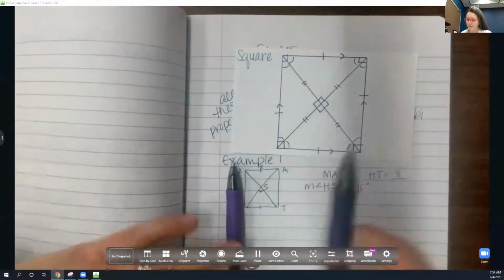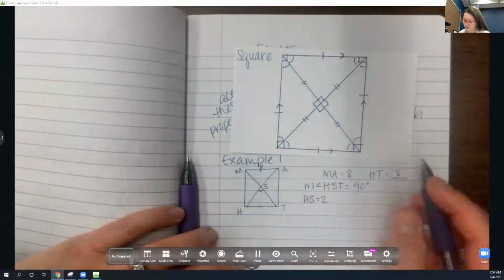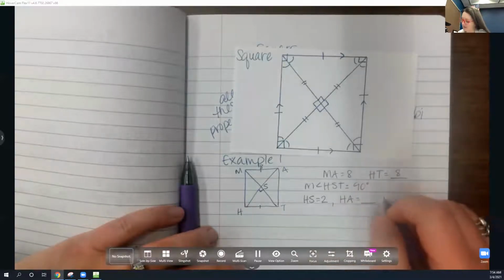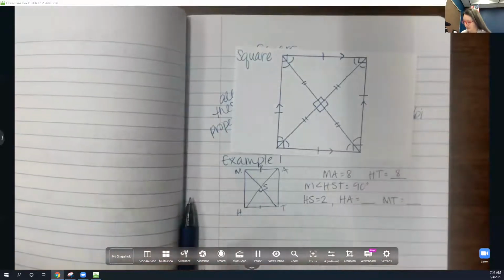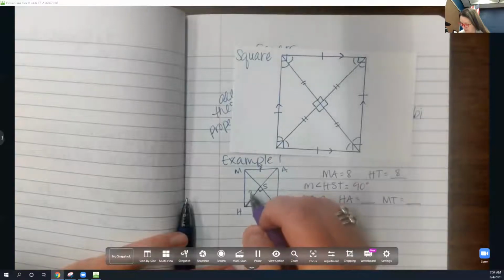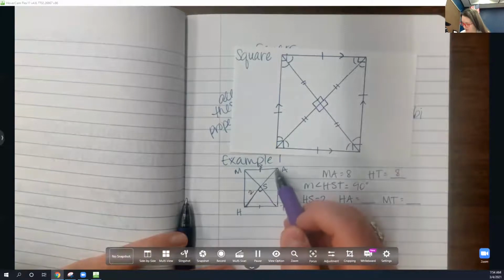Let's look at another one. If HS equals 2, then HA equals what? And MT equals what? Well, let's figure this out. HS is here, right? That's 2. What is HA? That means all the way across.